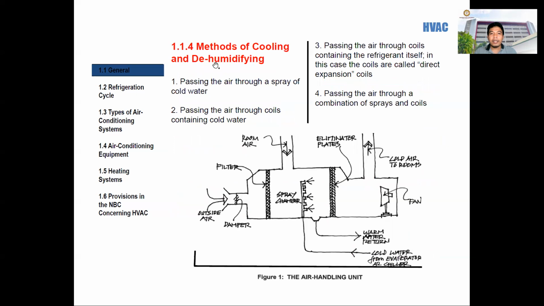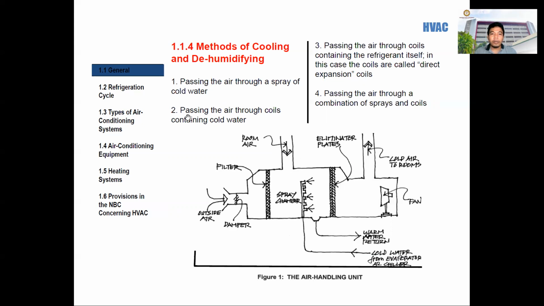The next is the method of cooling and dehumidifying. First is passing the air through a spray of cold water. This is the diagram for the air handling unit, AHU.